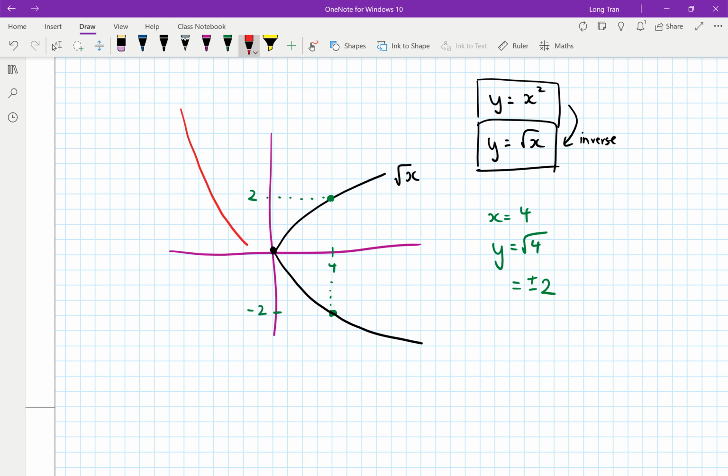Can you see how it's a parabolic shape? The y-axis is going up, whereas the inverse version is sort of going this way. If you tilt your head, the black graph is going across the x-axis, but it essentially looks like a quadratic graph, just on its side.